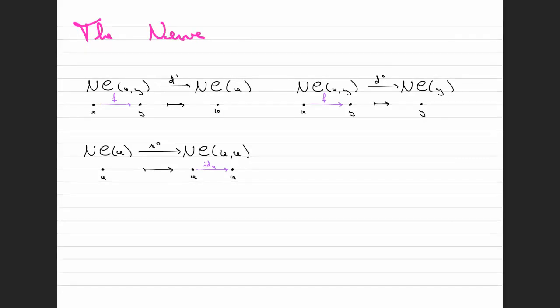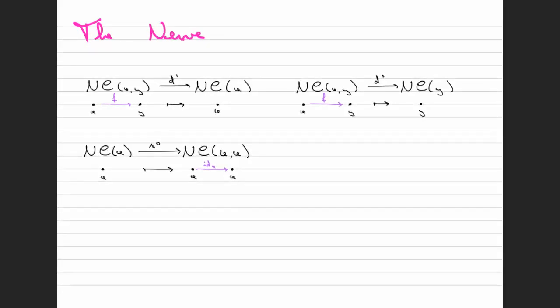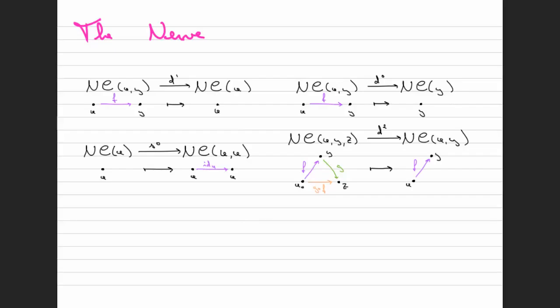Now, what should a degenerate line be? Well, the degenerate line at X is the identity on X. So this is what can be meant by degenerates. Now we have this outer face map that deletes Z. It just gives us this first arrow.